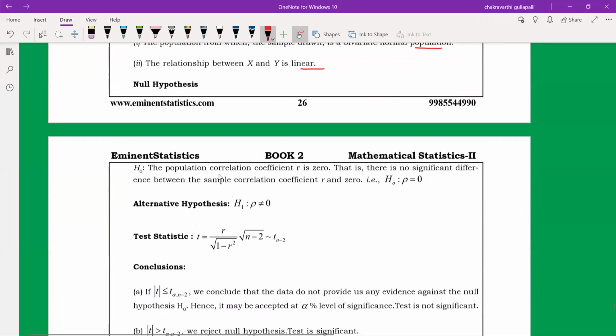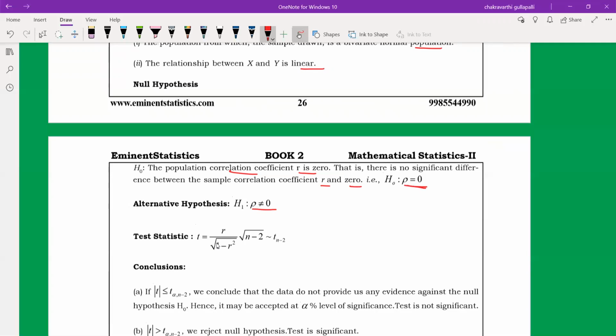H naught: the population correlation coefficient rho is 0, that is, there is no significant difference between the sample correlation coefficient r and 0. So rho is equal to 0 is H naught. Alternative hypothesis: rho not equal to 0. If rho is equal to 0, the variables are not related, they are independent. Rho not equal to 0 means some relation exists between X and Y.